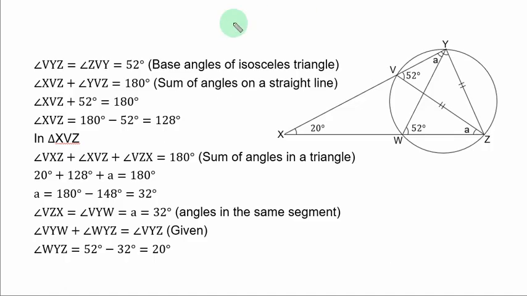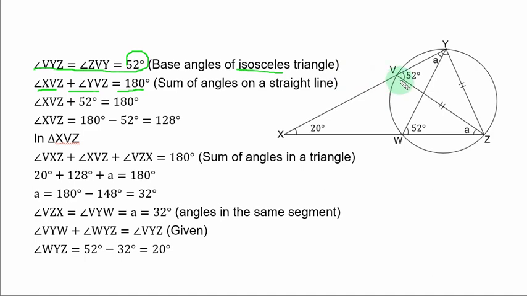So we have the solution continuation. We have angle VYZ is equal to angle ZYV, that is 52 degrees, base angles of isosceles triangle. Then you have it that angle SVZ plus angle YVZ is equal to 180 degrees, sum of angles on the straight line.